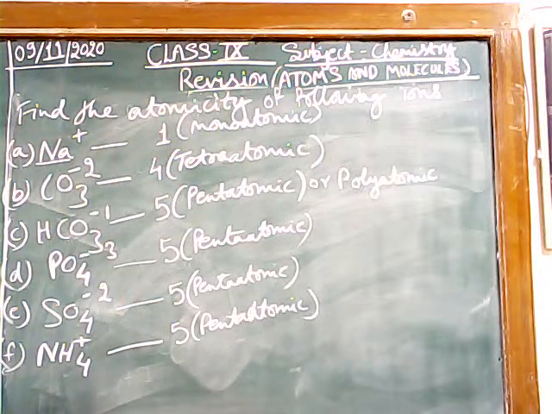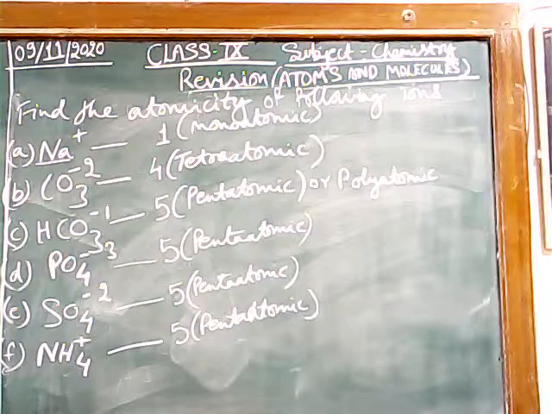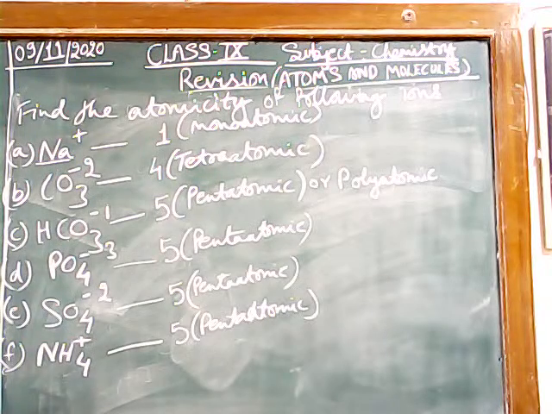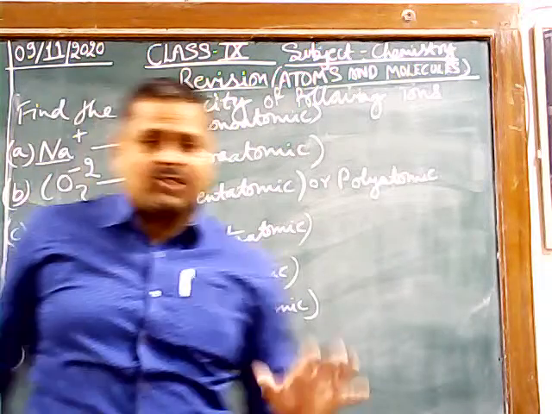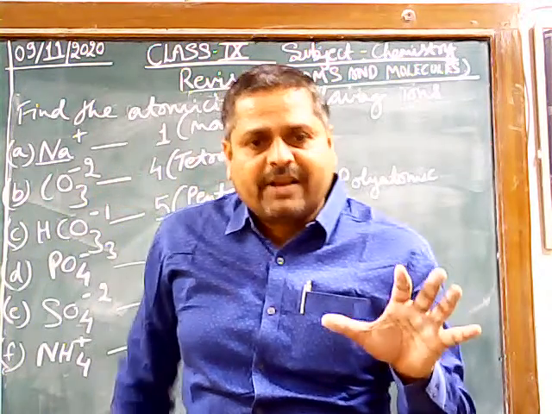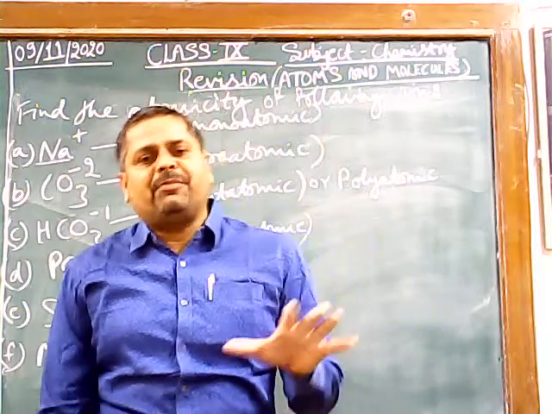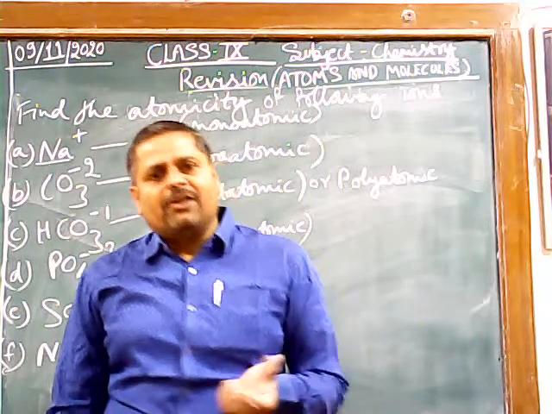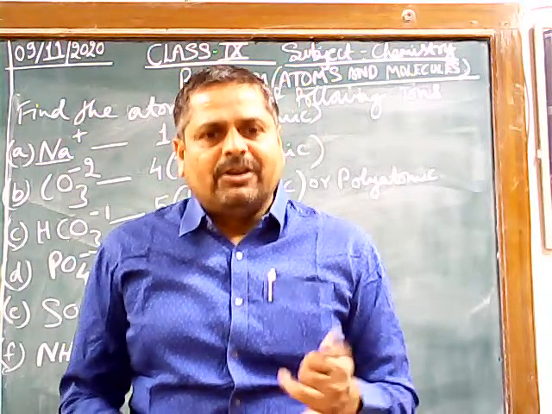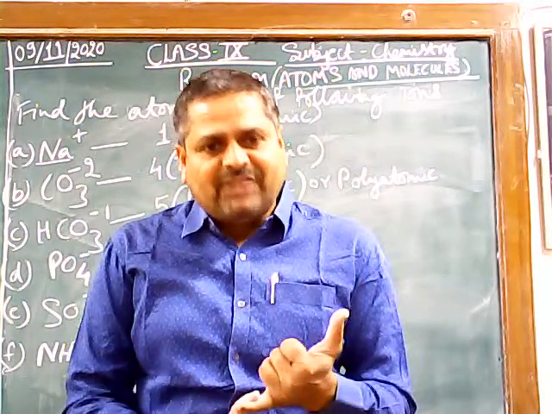Shall I have the board or not? See, children. Now we will be studying about the formation of chemical formula of a compound. For that, you should have the knowledge of the valency of the ion.